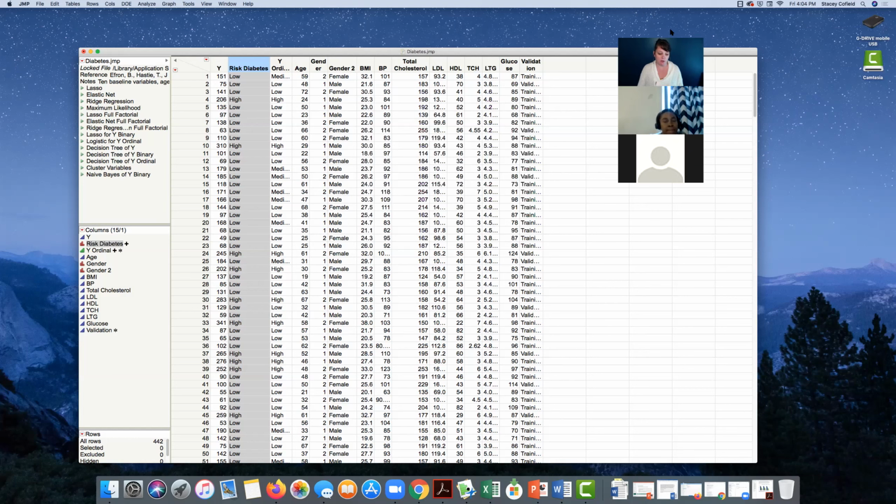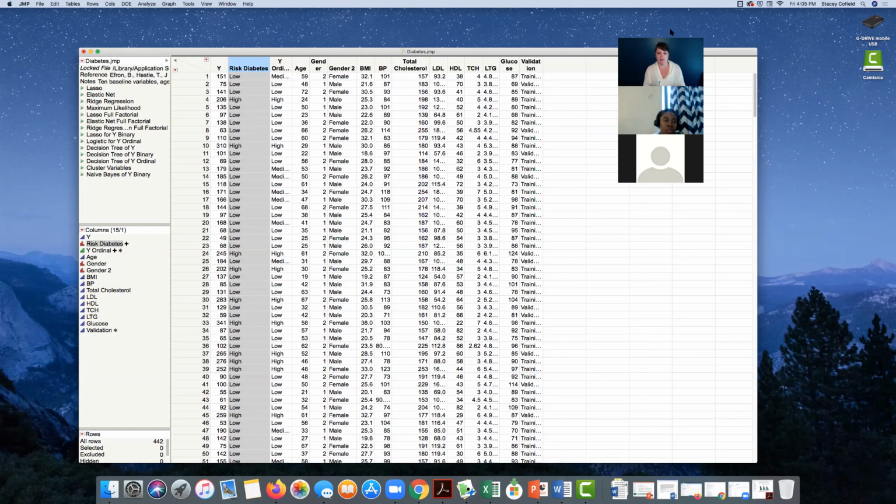So if you imagine a physician or a healthcare provider sitting with a patient and attempting to look at what their risk of diabetes is, they would take into consideration their age and their gender and their cholesterol and their BMI and things like that, and their glucose levels to maybe try to do an intervention before they become diabetic.